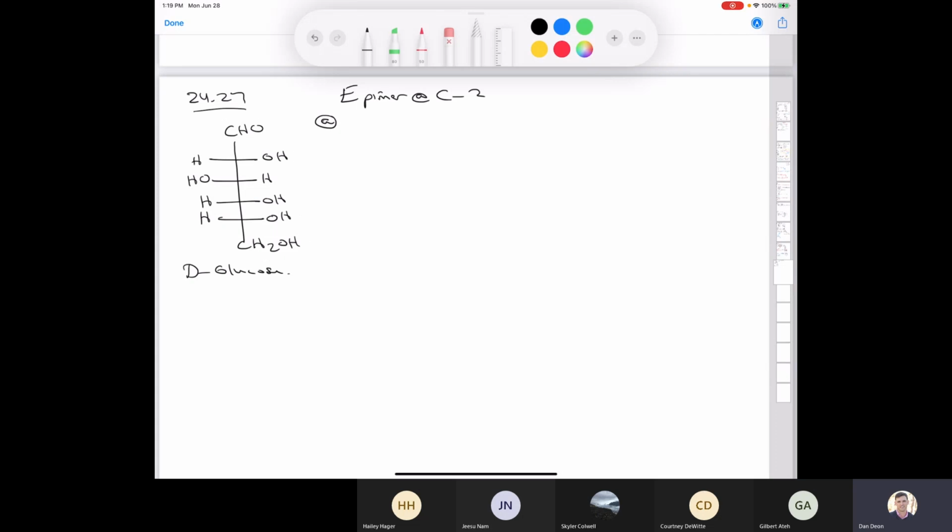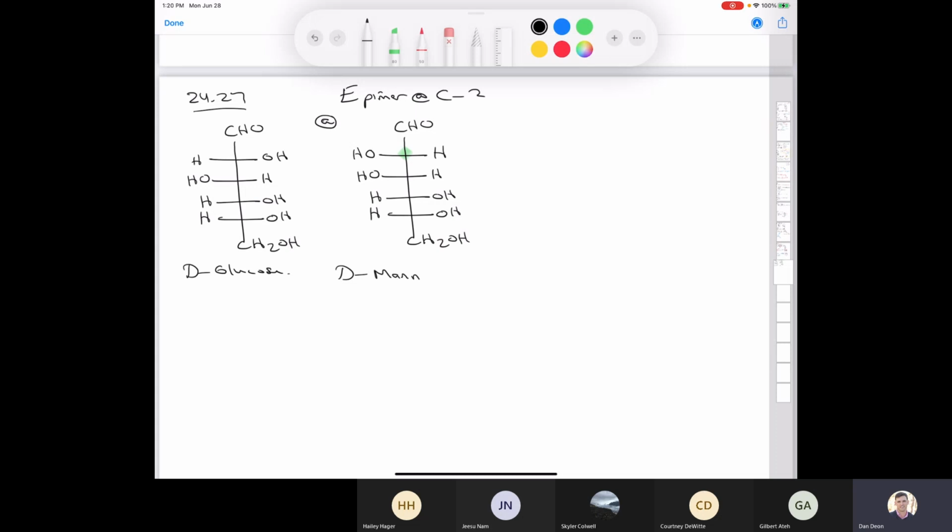So I'll move it over here. There we go. And carbon 2 is this carbon here. So all I'm going to do is swap the stereochemistry there. So I'm going to move my hydroxyl to the other side and put my proton over here. So there's my epimer. And if you look at the list of aldoses and ketoses, you'll see that this is D-mannose.